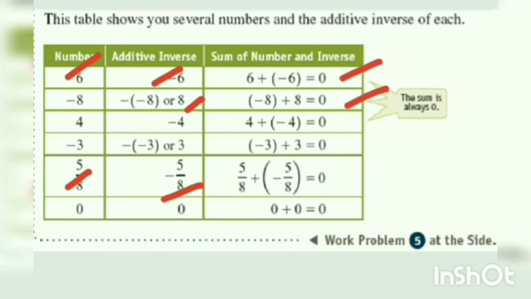As in additive inverse, we have to change the sign of the given number. If it is positive, then its additive inverse will be negative. If the given number is negative, then its additive inverse will be positive. When you add the number and its inverse, in all the cases we get the sum as 0.